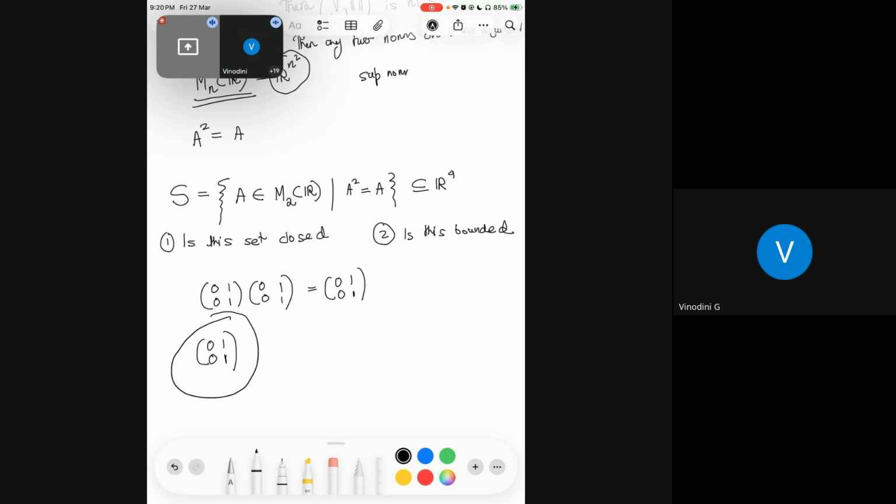Yes, exactly. If A is a matrix, then we take A minus xI.